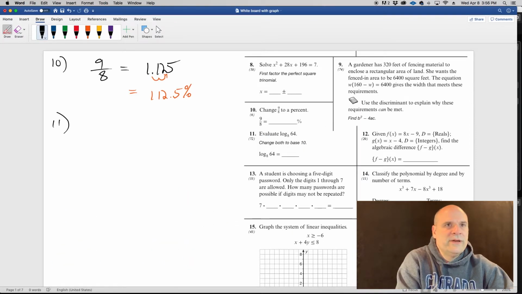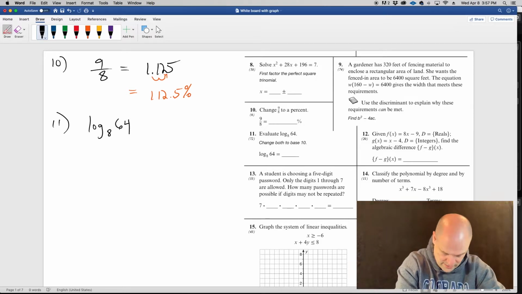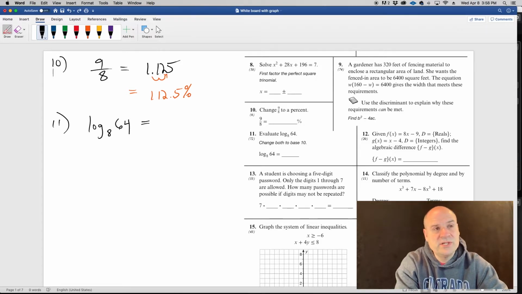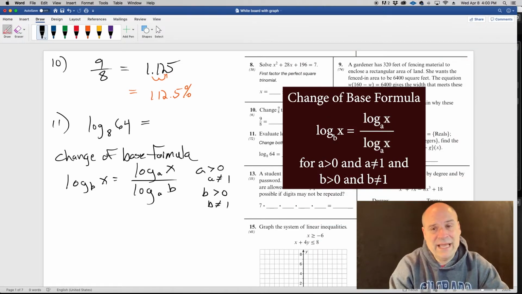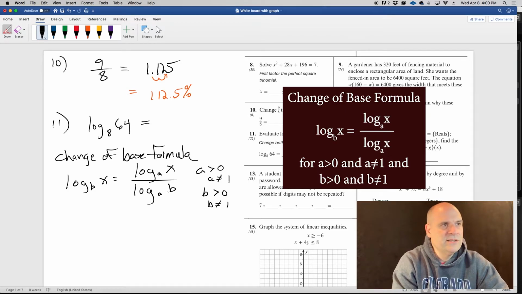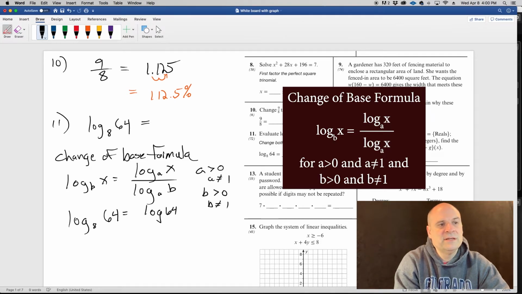We are going to evaluate log base 8 of 64. So we're going to use our change of base formula. A could be any number, so we're going to say A is base 10. So in our example, log base 8 of 64 equals log of 64, and remember, when you don't put a base for log, we're assuming that we're talking about log base 10, divided by log of 8.